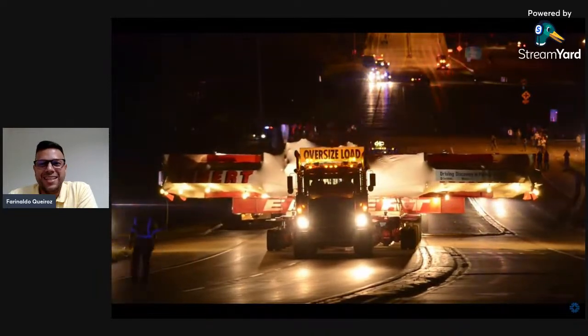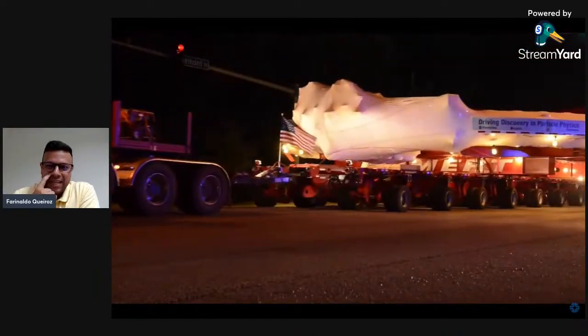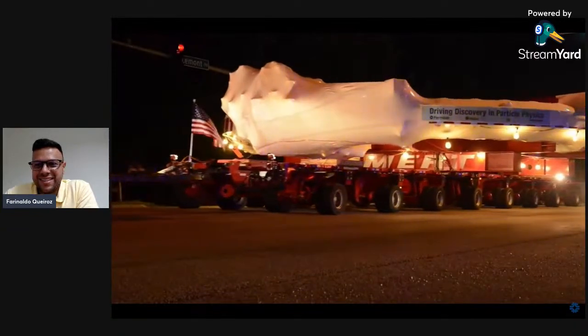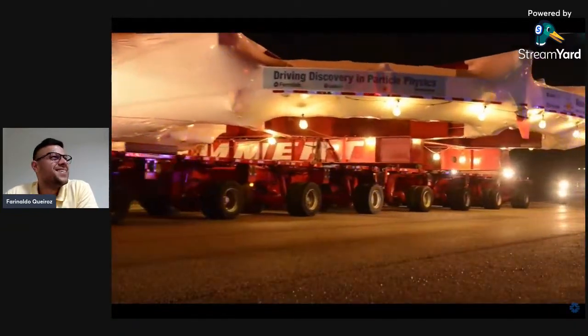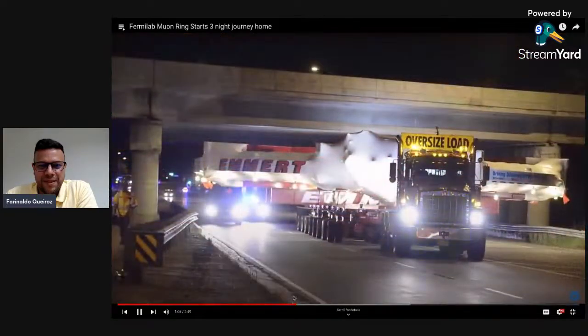Man, I can't imagine driving this car in particle physics.